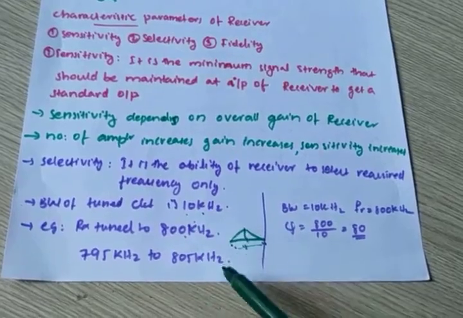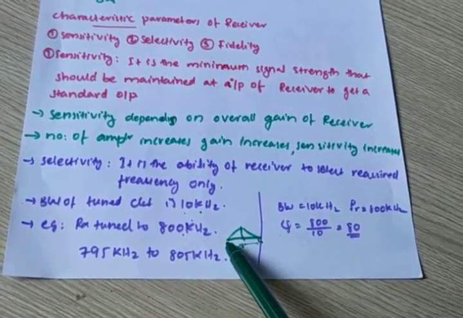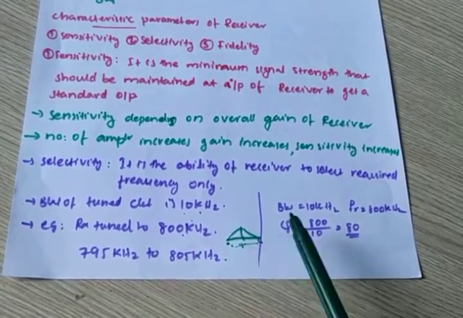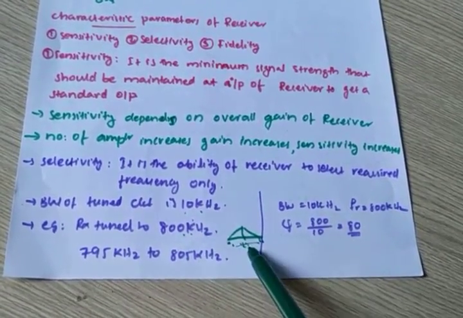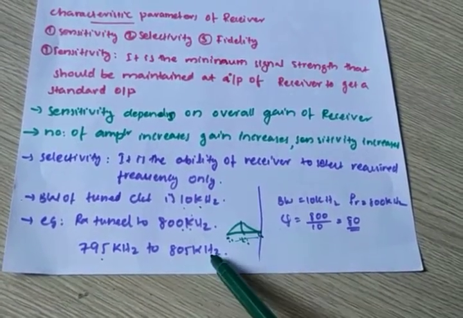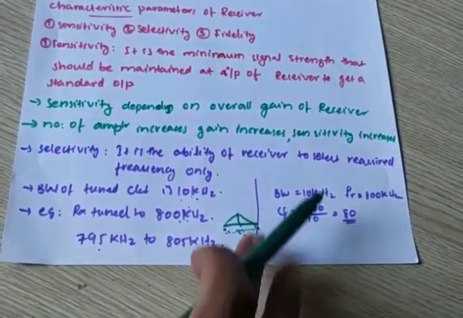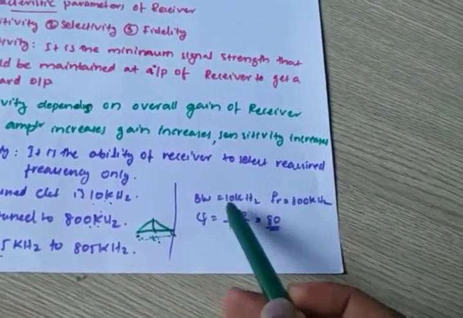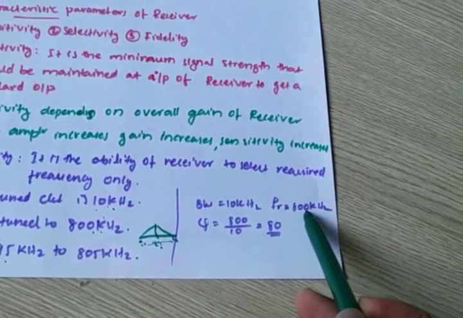That means from 800, 5 kilohertz on the upper side and 5 kilohertz on the lower side. So the total bandwidth becomes 10 kilohertz, no problem. The lower frequency is 795, the upper frequency is 805, so the difference between these two becomes 10 kilohertz. Now the bandwidth is 10 kilohertz and I am fixing the resonant frequency as 800 kilohertz.